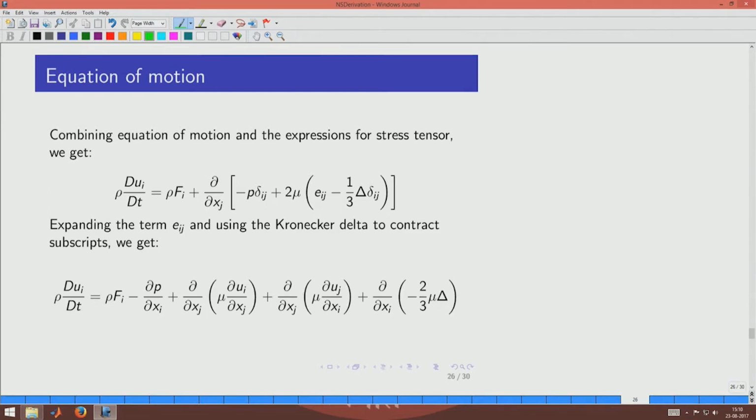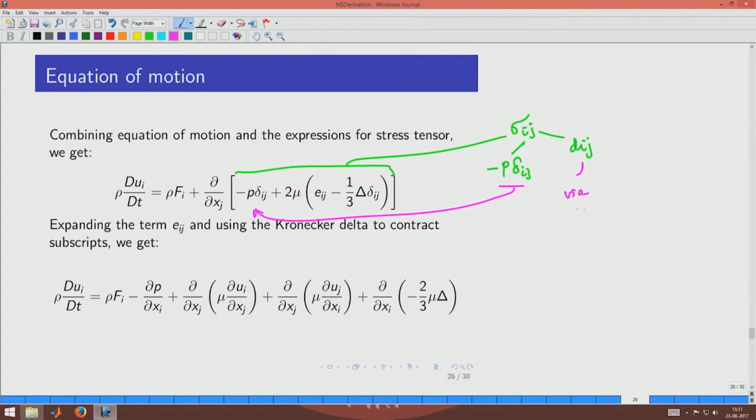So, we saw that this entire thing is basically sigma, and sigma is written as two components, the pressure component, minus P, and Dij, which comes via the linear constitutive equation as this quantity.